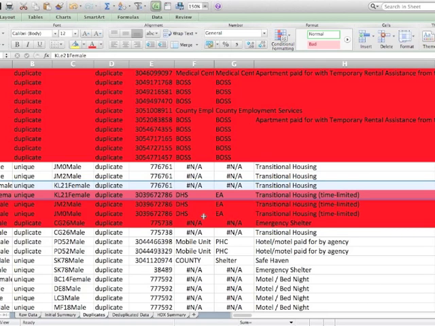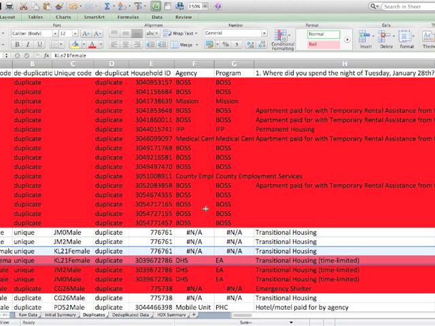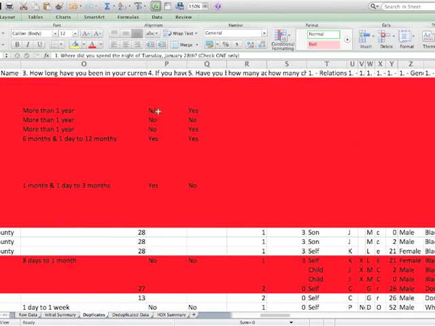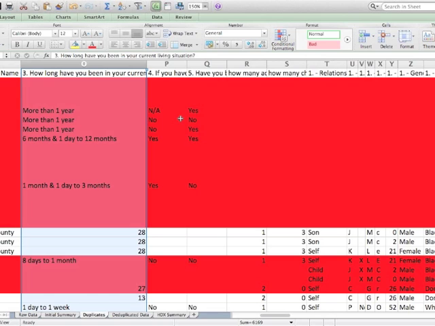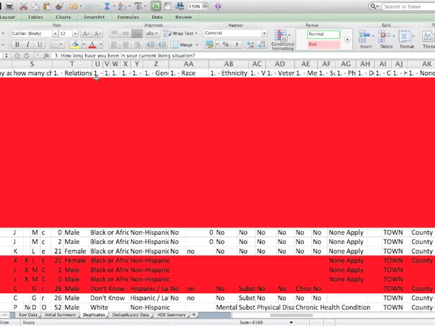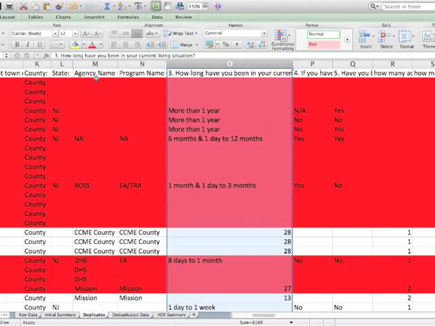For these two, when looking at HIMIS and SurveyMonkey, the fields that we looked at that needed to match were where they stayed on the night of the count, so that's column H, their length of homelessness, which is O, and then their identifying information, which goes from U through AB, so their initials, age, gender, race, and ethnicity, and then their disability and their sources of income.